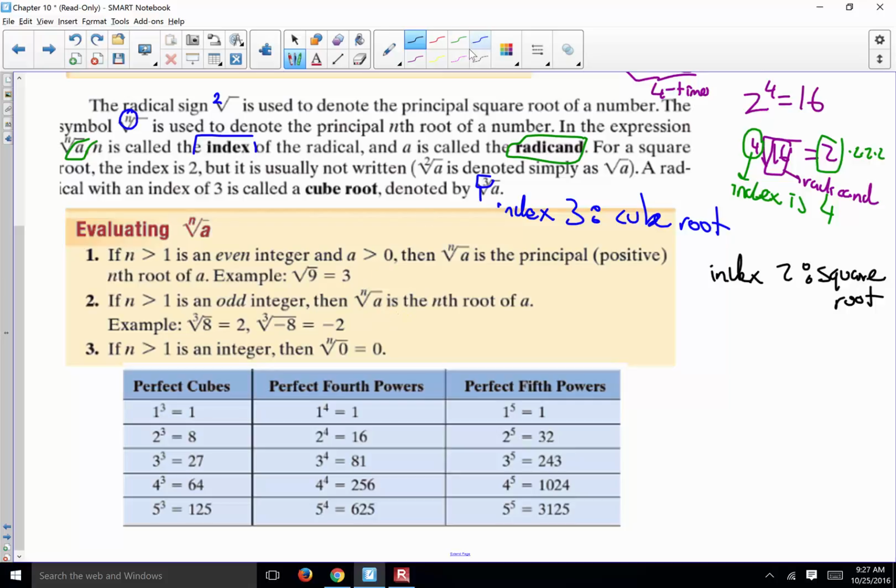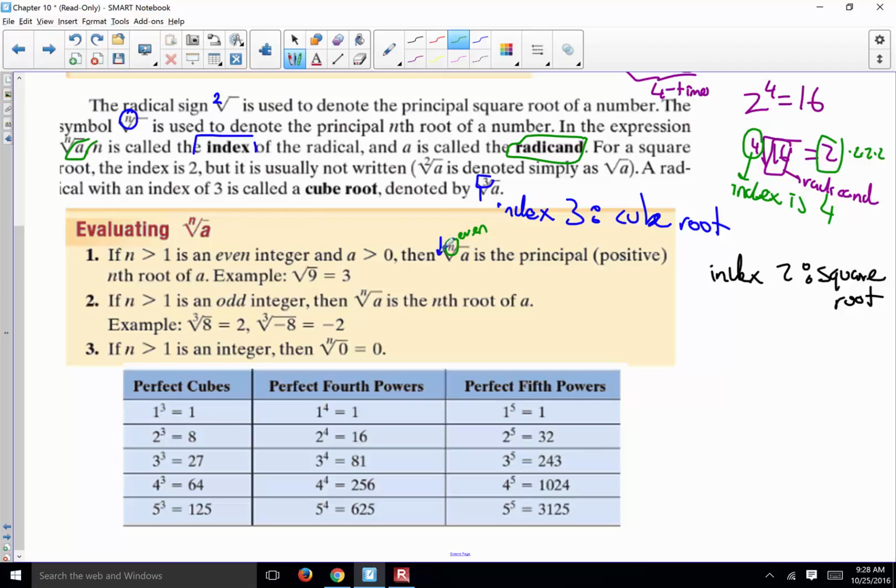Alright. Now, a few details. As we said, if you don't see any sign in front of any radical notation, it's always positive if this n is an even number. So if this n is an even number, they need to tell us what sign is in front.